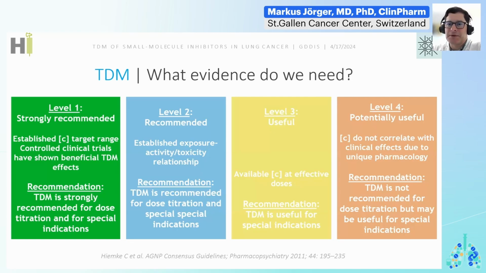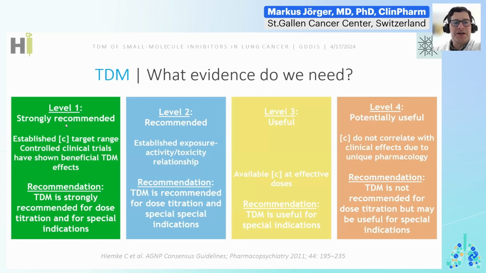And colleagues from the psychiatric field published some guidelines on TDM. So they are going a little bit ahead because in psychiatry you have many situations that use TDM, and here are 4 levels of TDM recommendation.